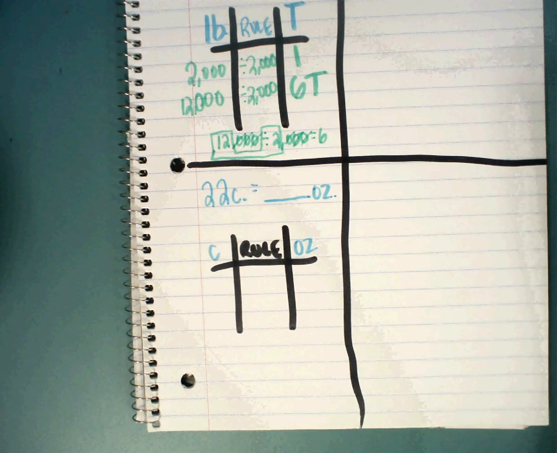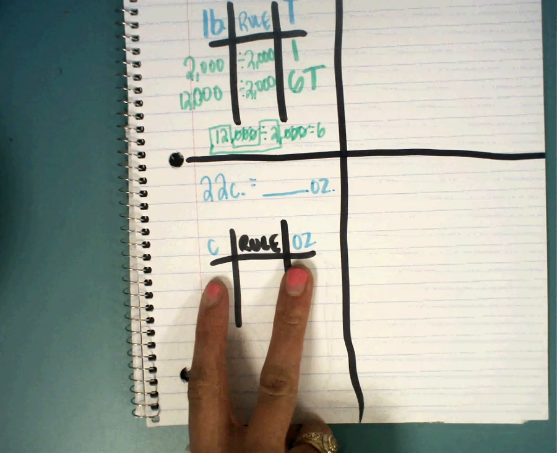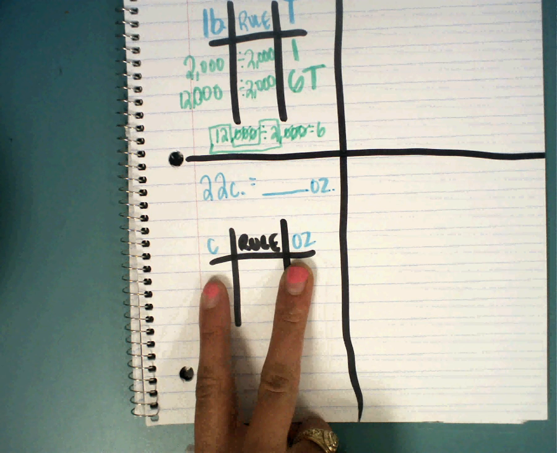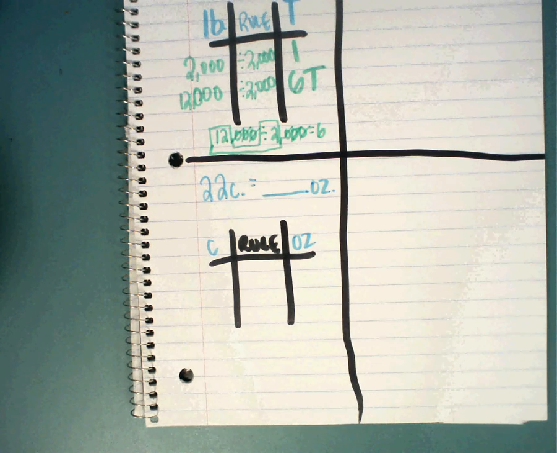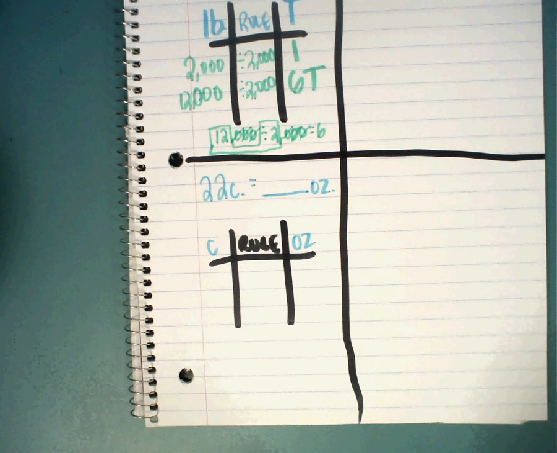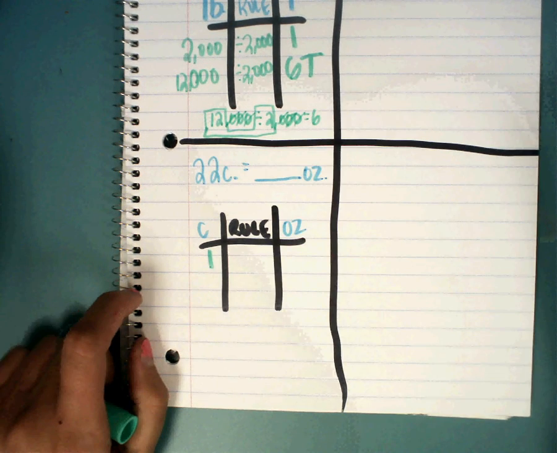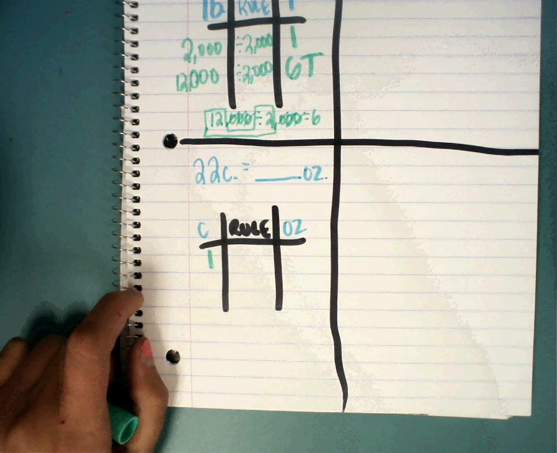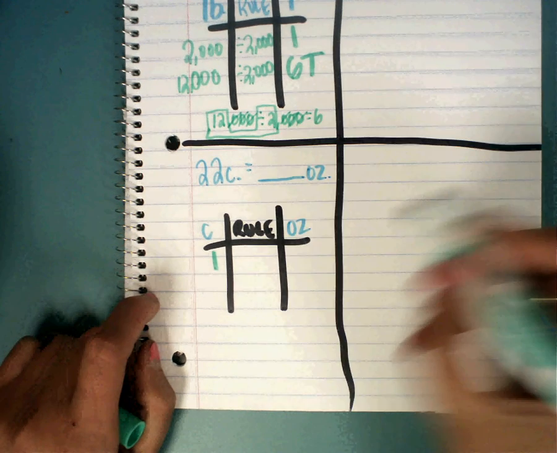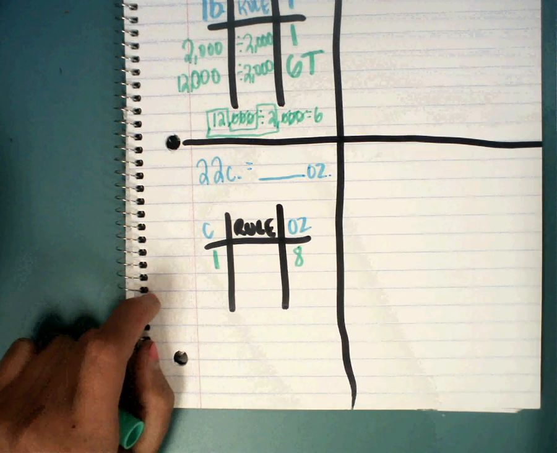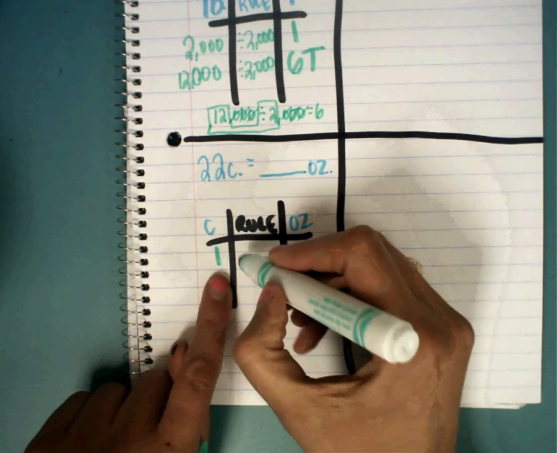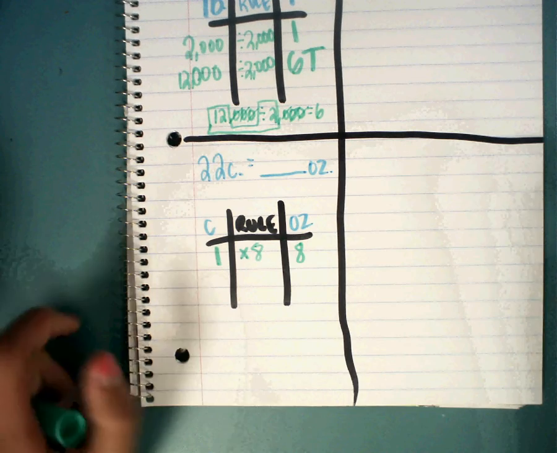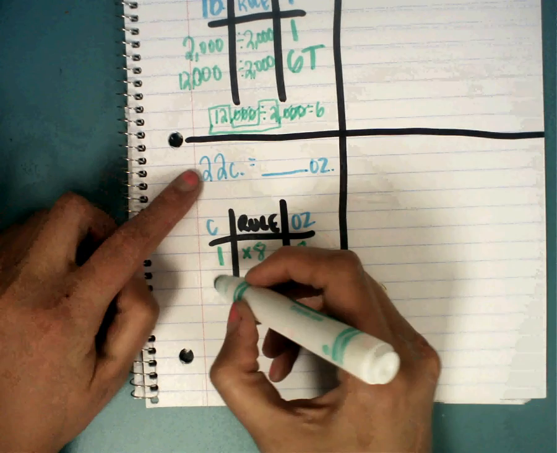Well, which one's bigger, a cup or an ounce? A cup is bigger, so that's where my 1 is going to go. 1 goes there. And how many ounces are in a cup? 8 ounces are in a cup. Okay, and then how do I get from 1 to 8? I multiply times 8.